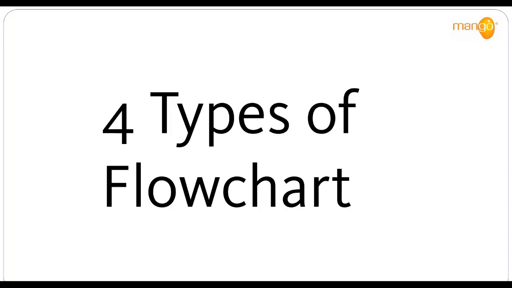Here are the 4 types of flowcharts that you can use. The macro flowchart. This is what I did yesterday with one of our clients: you're doing a very high level process flow.